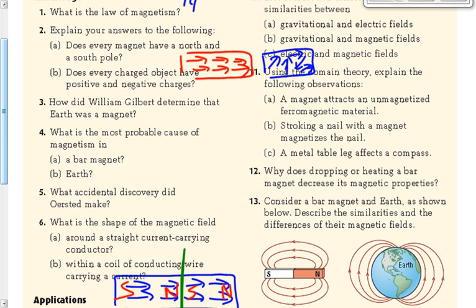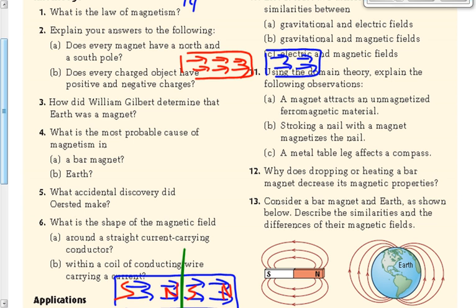How does it attract it? I kind of just gave away the answer. How does it attract the unmagnetized ferromagnetic blue material? It starts to line the domains up. Yeah, it temporarily aligns the domains in this blue one. So for a short period of time, as long as it's nearby, those domains start pointing in the same direction.